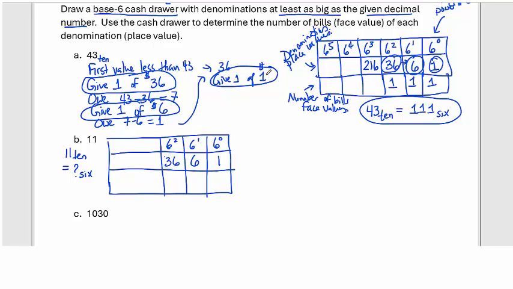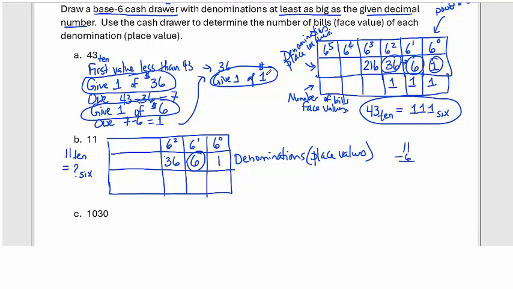So we're going to go down to the first bill we can give. We can't give somebody a $36 bill. Remember, these are the denominations. That's the number that's on the dollar bill. This is also our place values if we're working in a base 6 number system. The first one we can use is the 6. And remember, we need a total of 11.